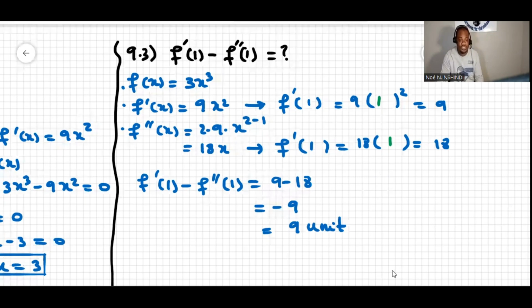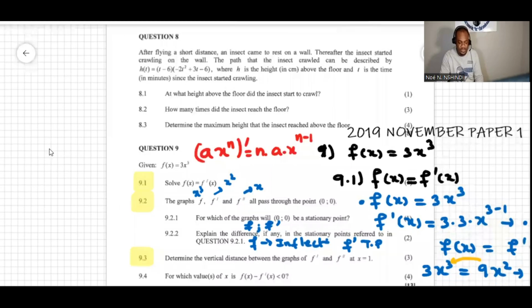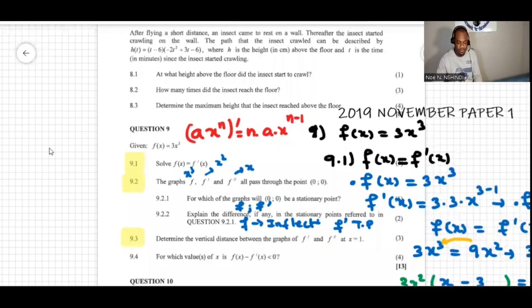Now the following question, I guess the last one, is question 9.4. The question says: for which value or values of x will f of x minus f prime of x be lesser than 0? All right, now I'll move the board this way.